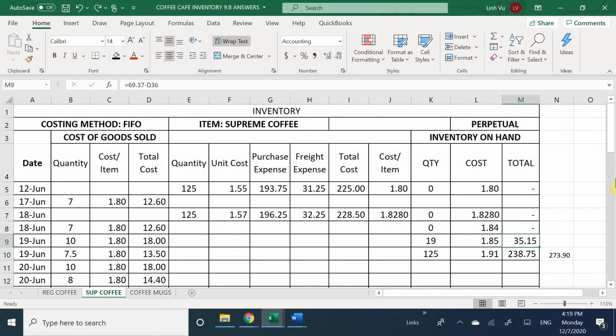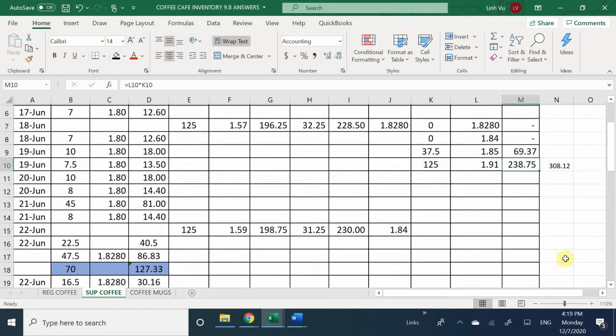Did you say it again? Oh, the quantity before was 37.5 at $1.85, which supposedly gives 69.37, to give you 308.12.